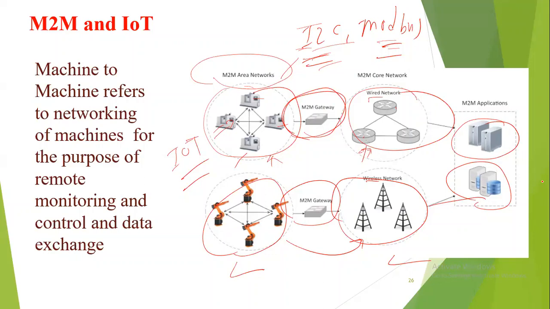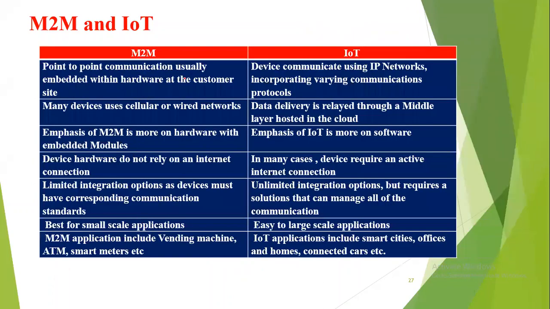Now there are some differences between M2M and IoT. How these differ, we shall discuss. M2M is usually point-to-point communication, but IoT uses IP networks, that is IP addressing, and varying communication protocols are used. Varying communication protocols means MQTT, CoAP, ZigBee, etc. Then M2M has its emphasis on the hardware, and emphasis means focus on the hardware.